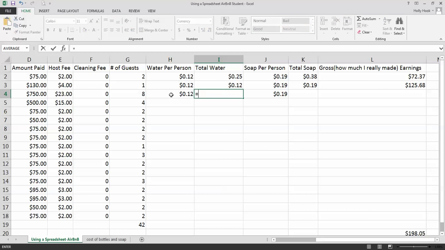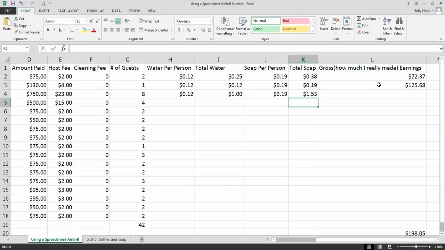I know my water total is going to be times 8, and I know my soap total is also going to be 19 cents times 8. So notice how my cursor is a white cross.